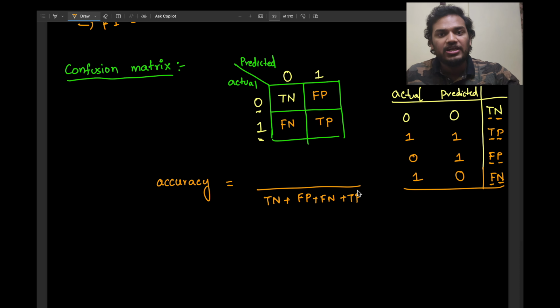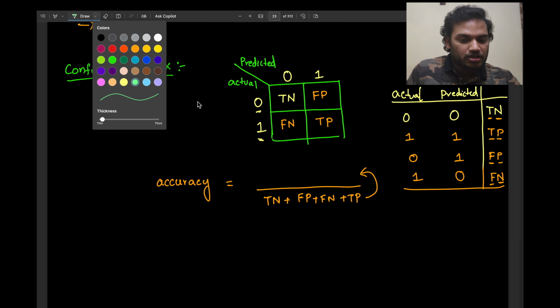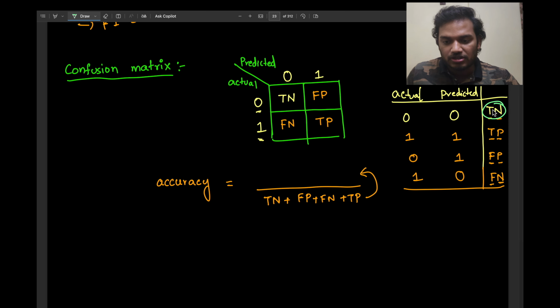Some are predicted correctly and some are not, but all of them are my data points. And among these, how many are correctly predicted? Correctly predicted ones are shown by true negatives and true positives, right? So in the numerator, we'll only have true positives and true negatives. Like this, the accuracy will get calculated.